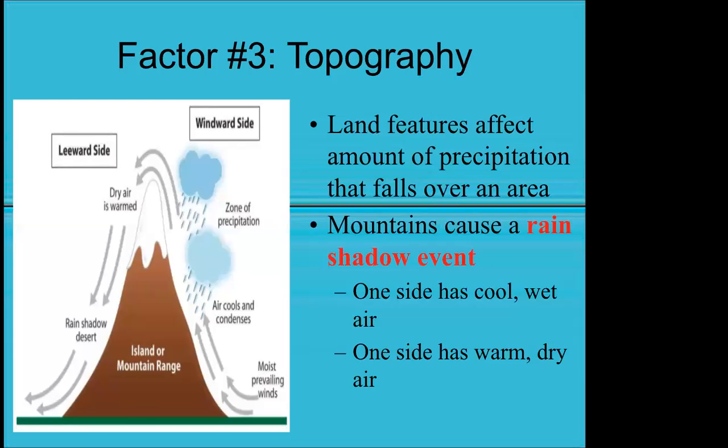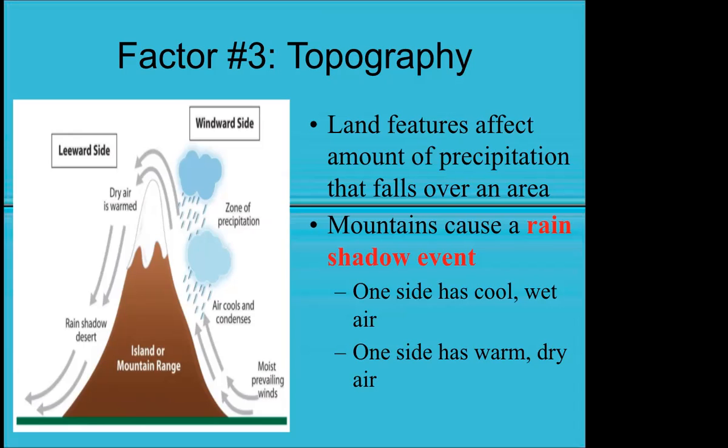Number 3 is topography. This is dealing with land features that affect the amount of precipitation that falls over an area. So mountains cause a rain shadow event. Think if you have a mountain, you can't see over the other, so it kind of casts a shadow on the opposite side.